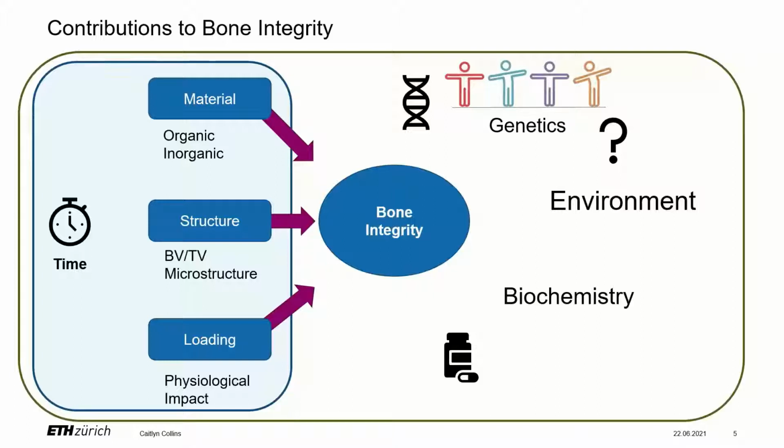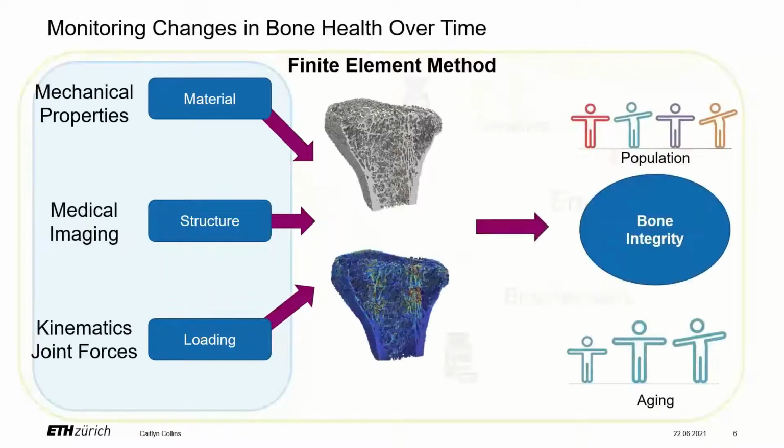So how do we tackle this when our bone mineral density really only gives us an approximation of structure and a glimpse at the material properties? This is where we can benefit from the finite element method. Here we can capture material and structural properties as well as look at the influence of different loads on our bone.